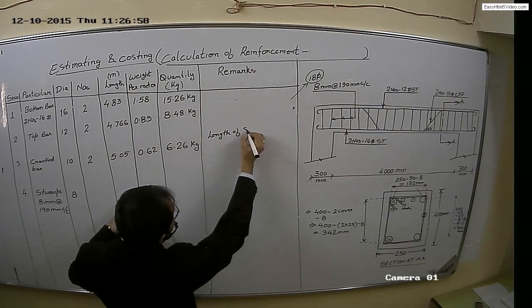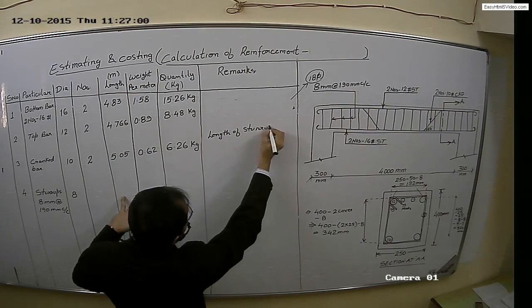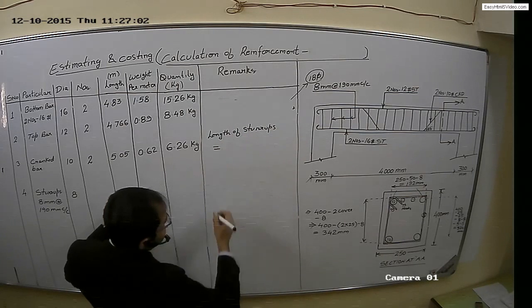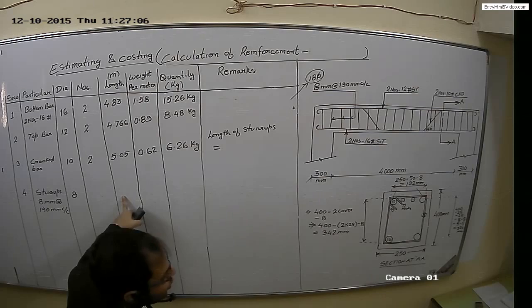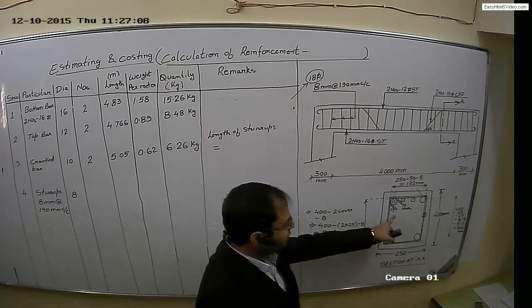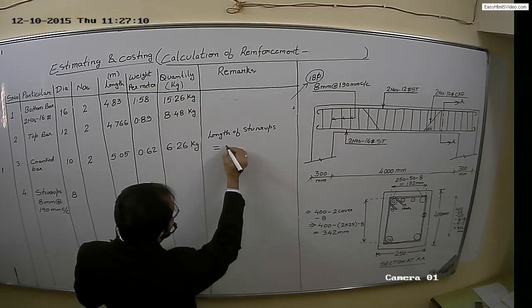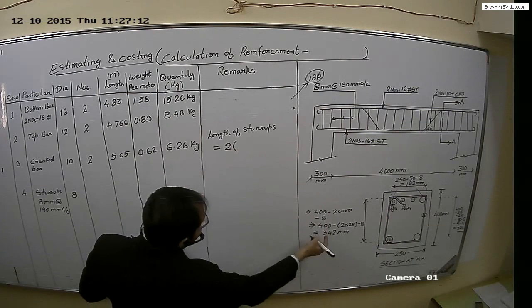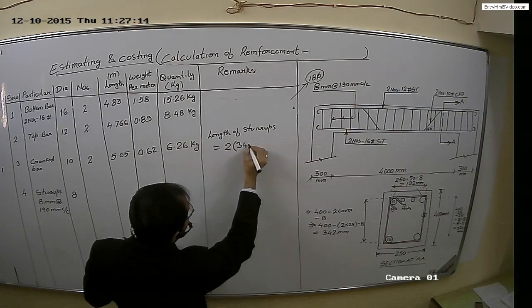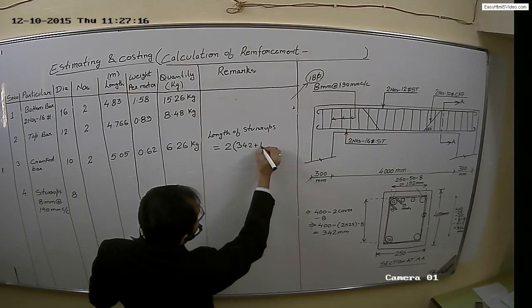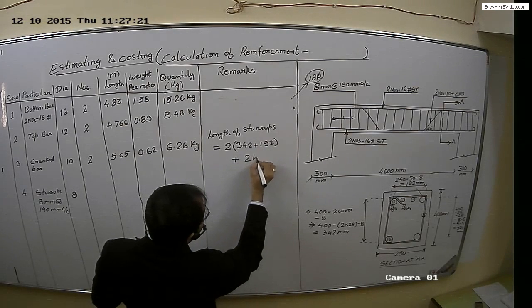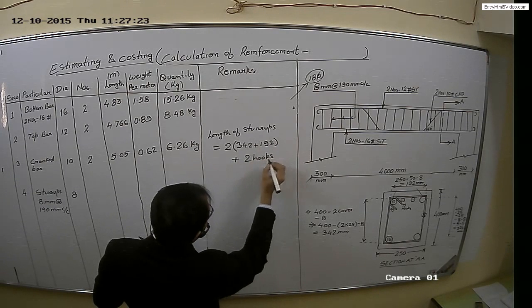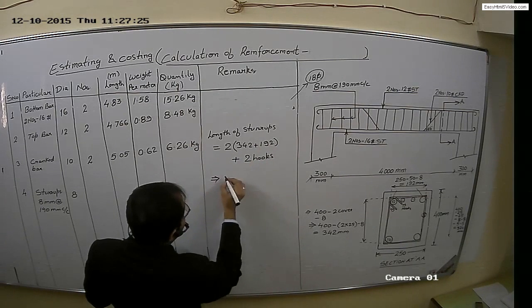Length of stirrups can be calculated as the perimeter of this stirrup plus 2 hooks, which we have taken as 75 mm each. Now 2 times of 342 plus 192 mm plus 2 hooks. Here we have hooks of 75 mm.